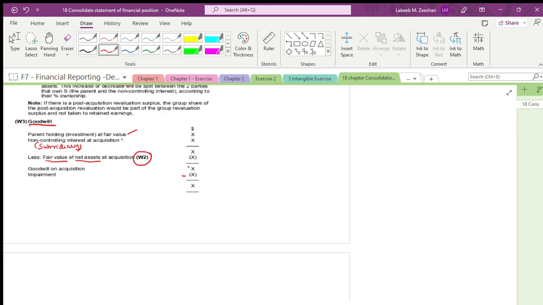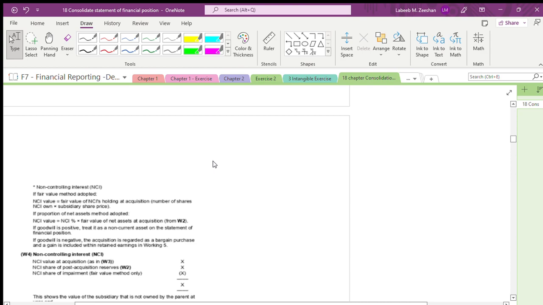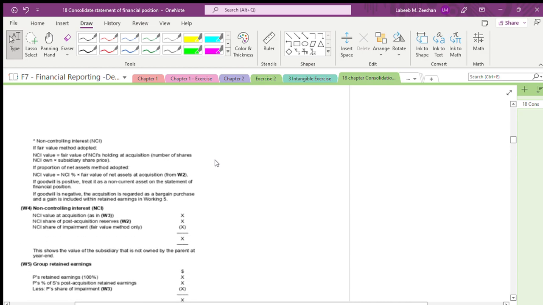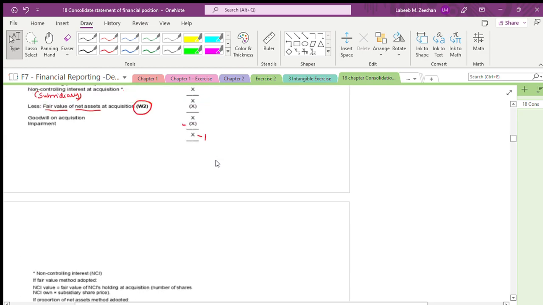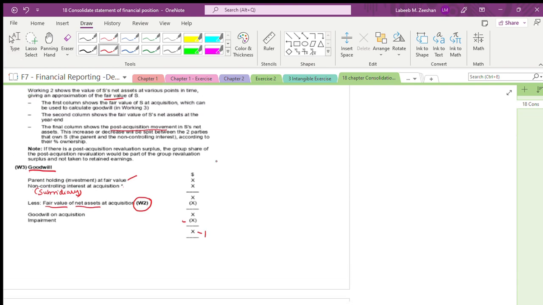This is going to be shown as an intangible asset. When you are talking about goodwill, these calculations belong to the parent.